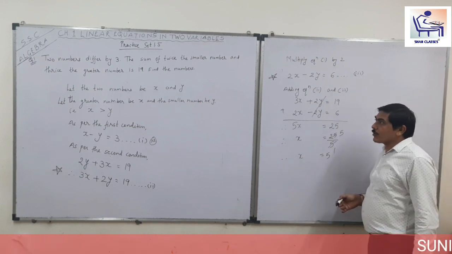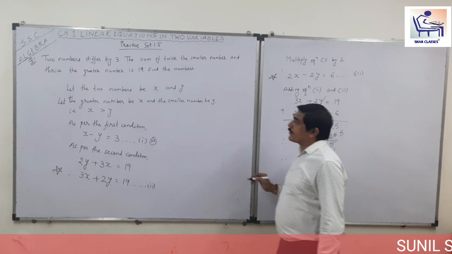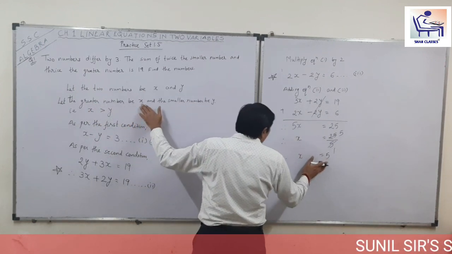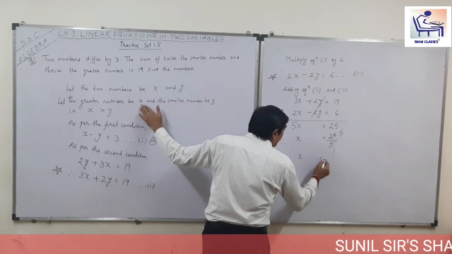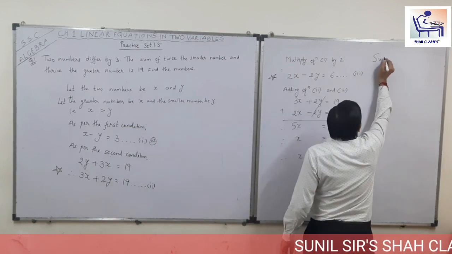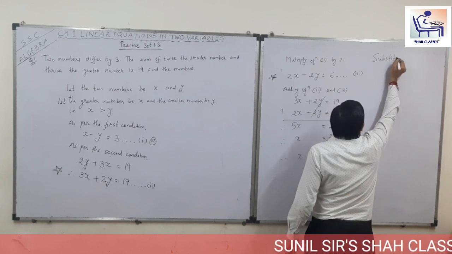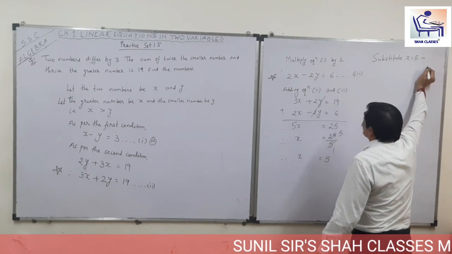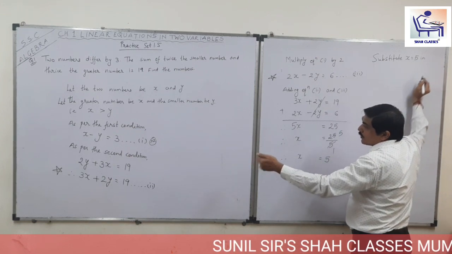Now we have to substitute. It means here we got the value of x, that is your greater number is your x, and that we got it as 5. So our x is 5. And now we have to substitute x is equal to 5. In any equation you can substitute.